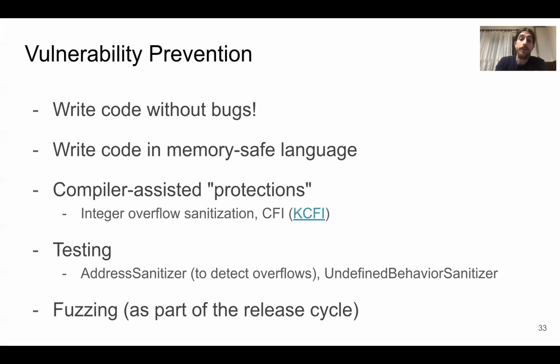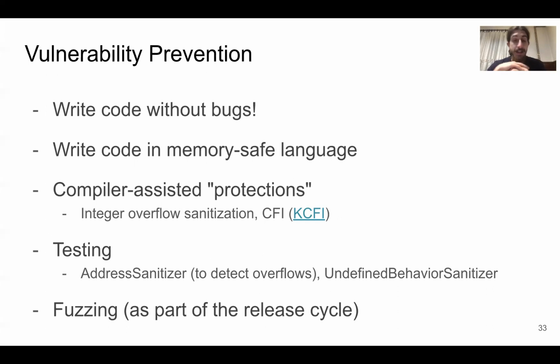These languages are not affected by many of these memory safety problems that C and C++ programs are affected by. Unfortunately, there are still huge components, like a big part of the Android framework, the Linux kernel, and so forth, written in C and C++. So we're going to be stuck with C++ and potentially memory safety problems for a long time. Okay, but again, it's a trend to use memory safe languages.